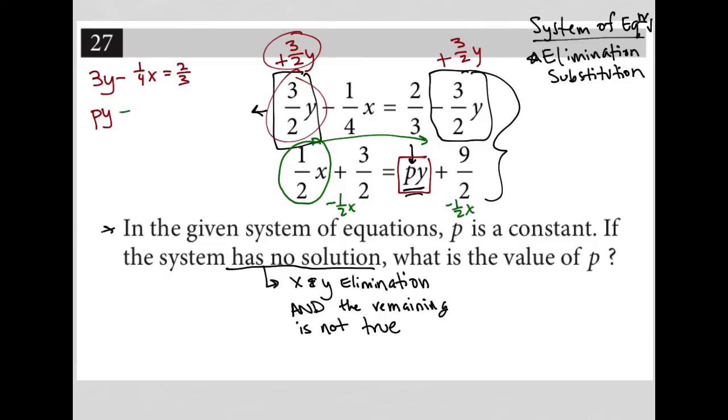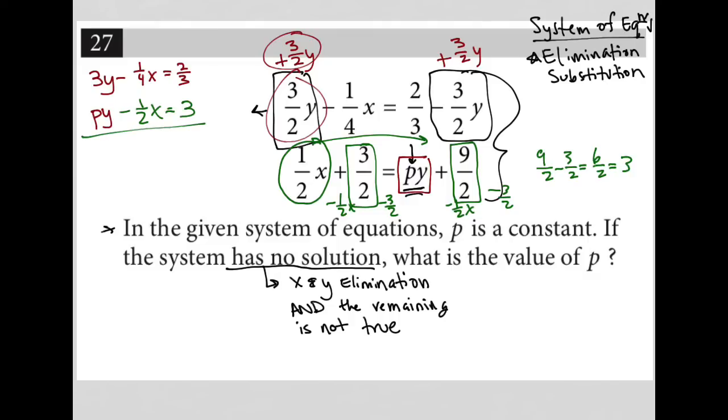So I would get a minus 1/2 x here with my py. And then I have my 9/2 here, but it has a like term with the 3/2, so I also need to subtract 3/2 from both sides. And 9/2 minus 3/2 is equal to 6/2, which is equal to 3. So this would just be equal to 3.